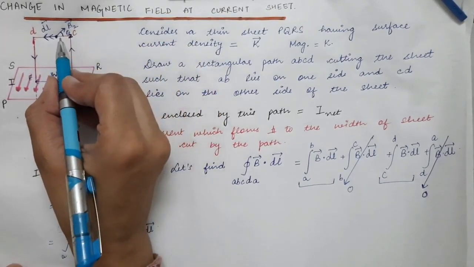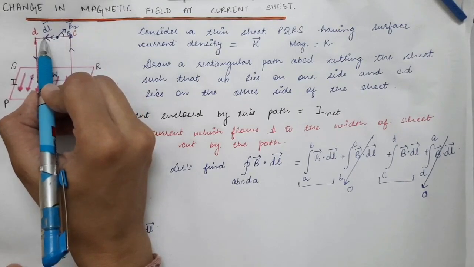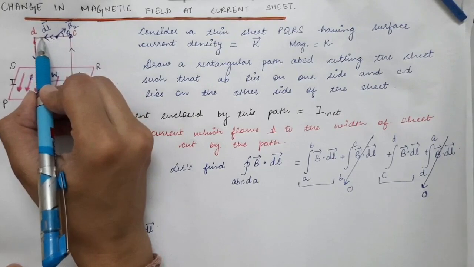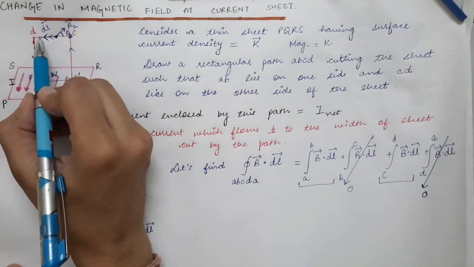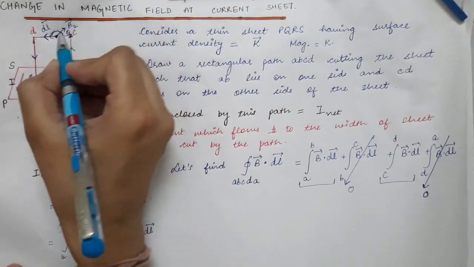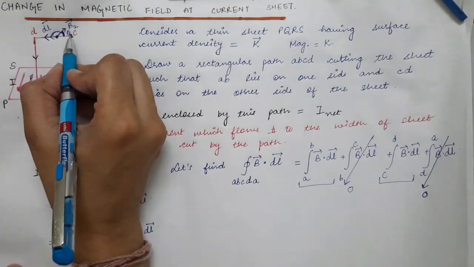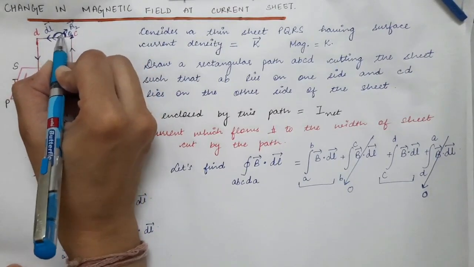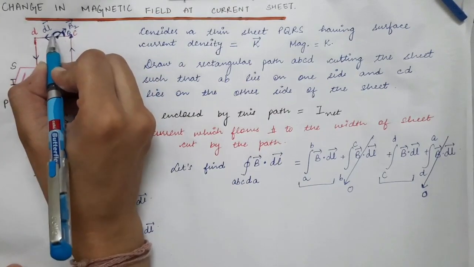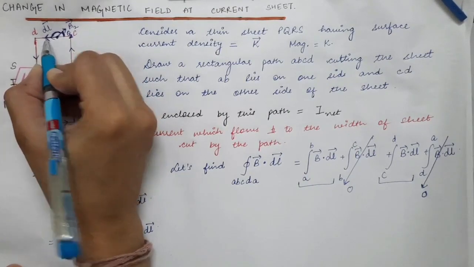So what is the angle between b2 and dl vector on this segment CD? This acute angle is considered to be theta 2. So what will be this leftover angle? It will be equal to 180 minus theta 2. So 180 minus theta 2 is the angle between b2 vector and dl vector.